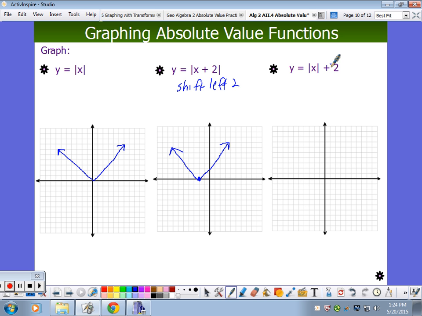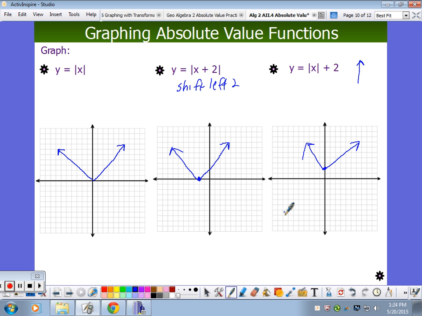What does that do? If you're adding to the function, it goes up. If you're adding to the x value, it goes left. So I'm just going to take my absolute value x and shift it up 2. And then from here, pretend you're back at 0, 0, and just graph y equals x from here.